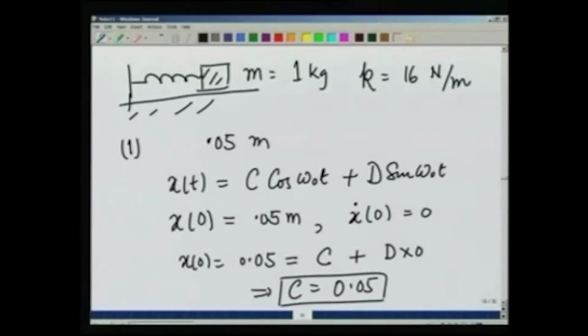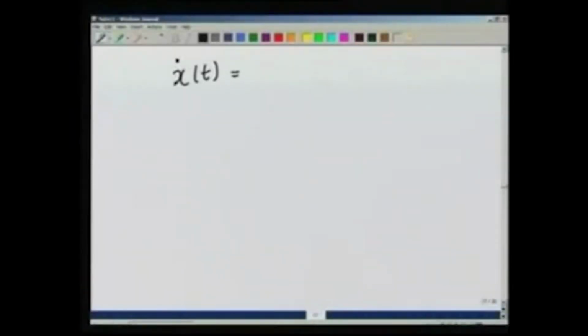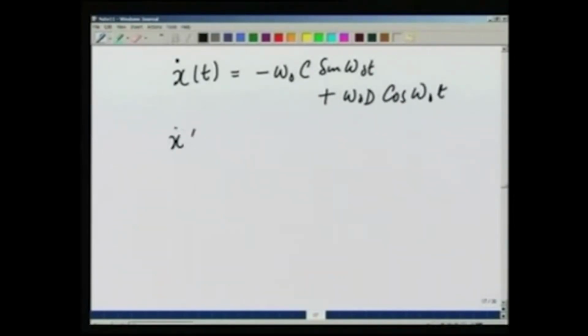For the second coefficient, I take the derivative of x(t), which is equal to minus omega 0 c sine of omega 0 t plus omega 0 d cosine of omega 0 t, and at t equal to 0, this quantity is omega 0 d, and this is given to be 0.